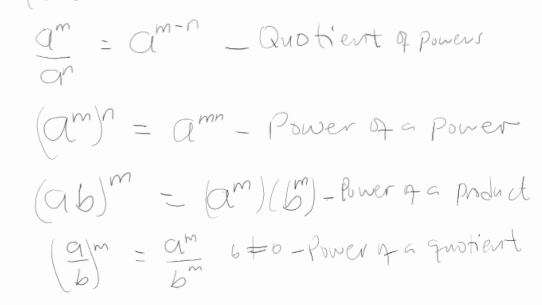You can apply them in any exponent work that you are given. So we're just going to do examples of it, and then see the application of all of these laws. If you remember from our previous lesson, we talked of any number exponent 0 is 1.